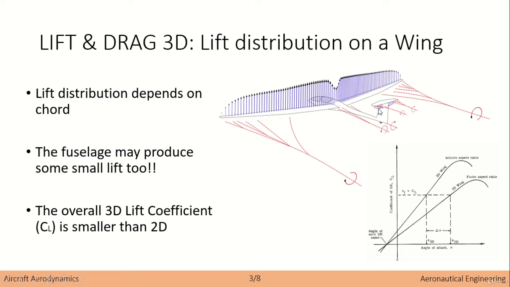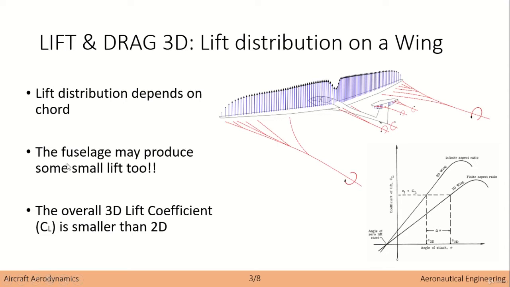Also you see that the tail is generating lift in the opposite direction, which is what we discussed in previous classes. So first of all, lift distribution depends on the chord, as we saw. Depending on the length of the chord, we will have more or less lift, and that is basically the main factor which decides the amount of lift that we have for one length or another.